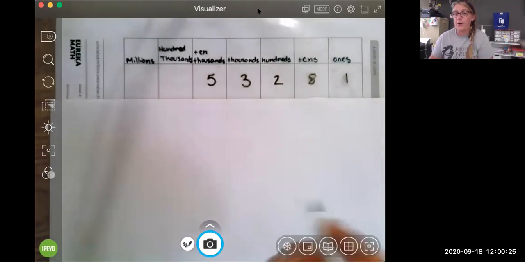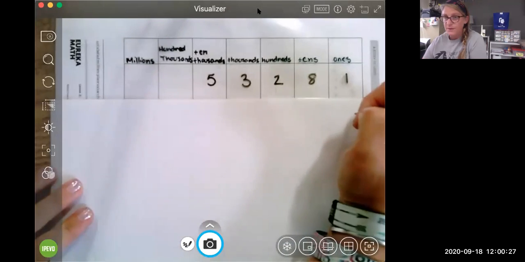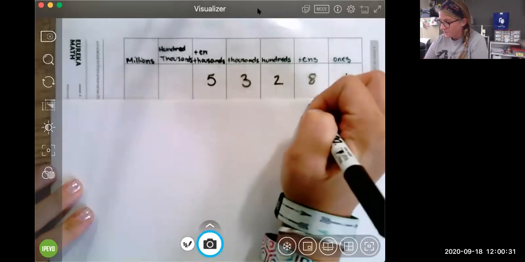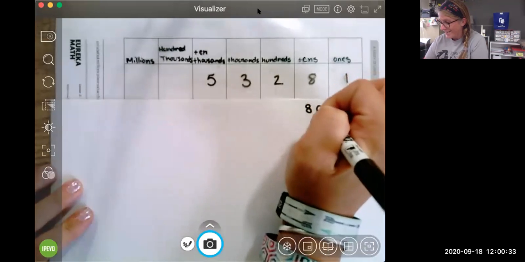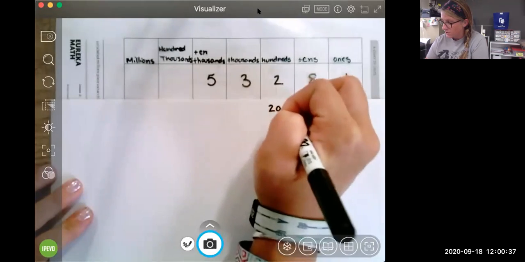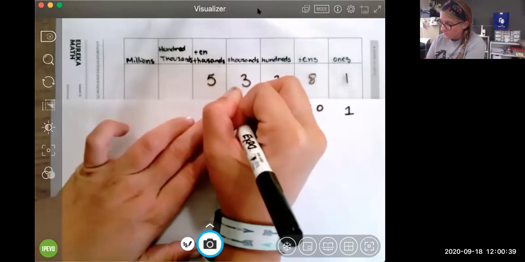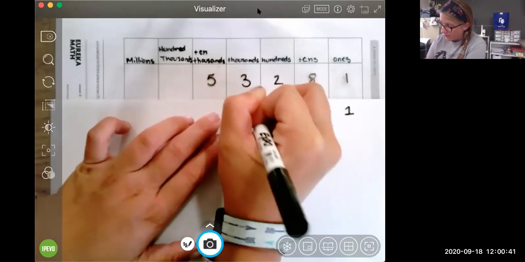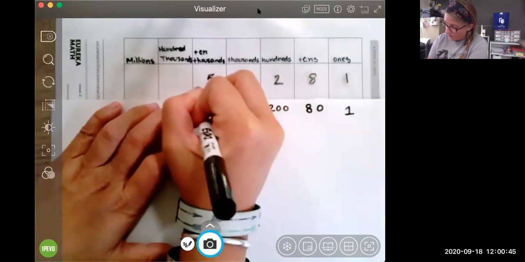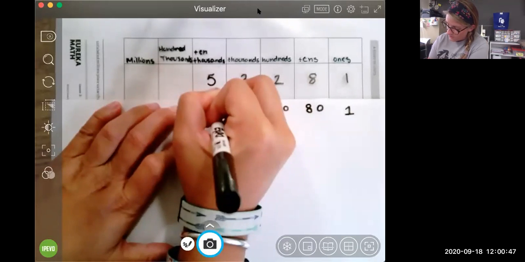Now let's see if you got it right. In the ones place, we have a 1. In our tens place, we have the value of 80. In our hundreds place, we have the value of 200. In our thousands place, we have the value of 3,000. And in our 10,000s place, we have the value of 50,000.